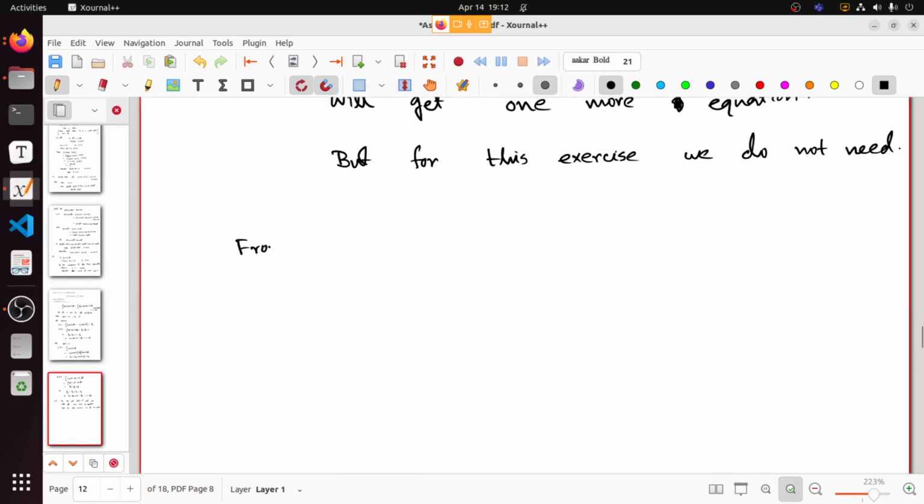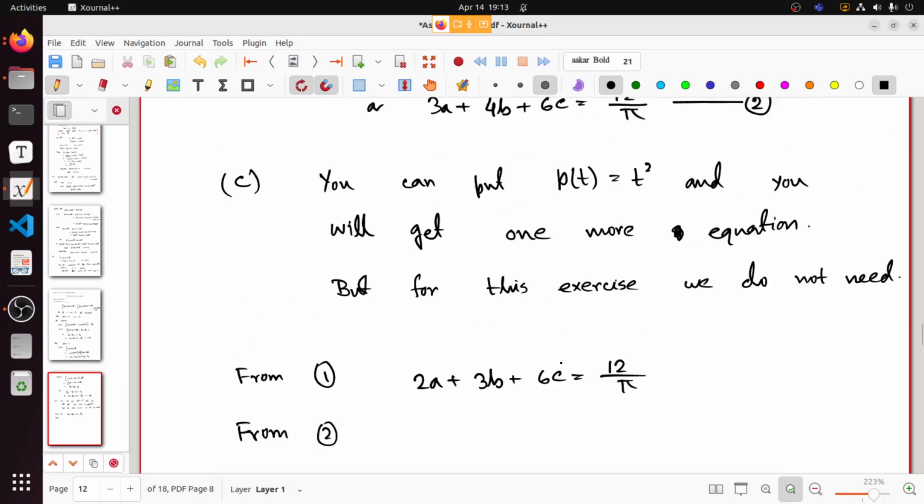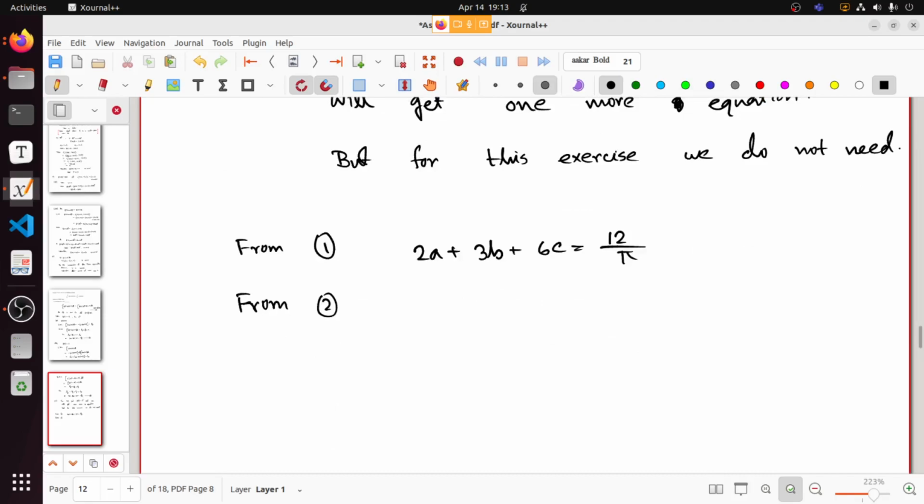From equation 1, we have 2a + 3b + 6c equals 12/pi, and from 2 we have 3a + 4b + 6c equals 12/pi, right?